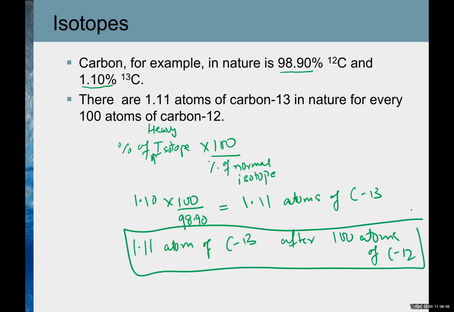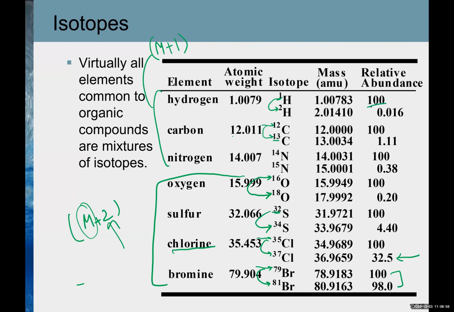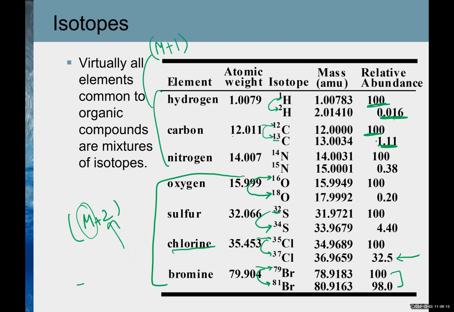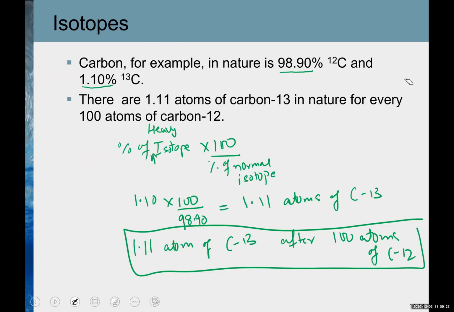So the values which you saw in this table, for every 100 this much, for every 100 this much, are calculated by this formula. So these are not the percentages which exist in nature. So this is not 0.016%. That's not what exists. Okay, so they are calculated by this formula.